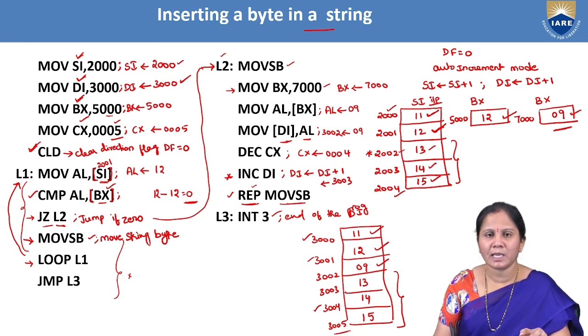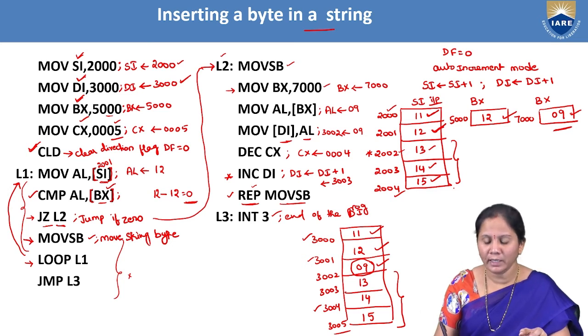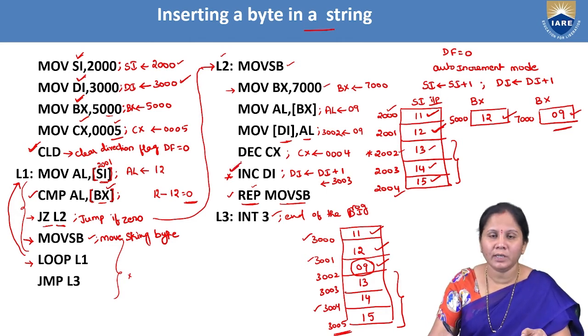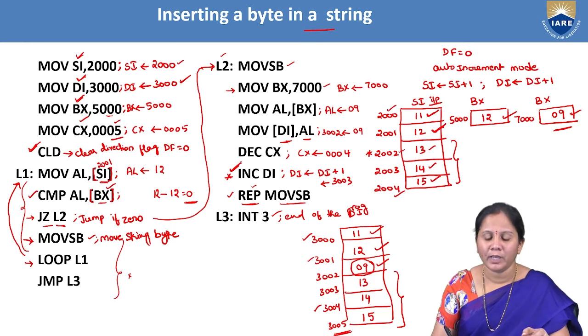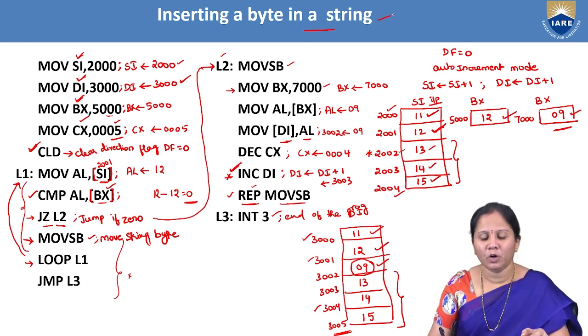Why has this increment happened? Because we have inserted this number. In order to store the remaining content from SI to DI, the value of DI will be incremented by 1. That is why we are writing the instruction increment DI. So this is how we have to write the program in order to insert a byte in a string.